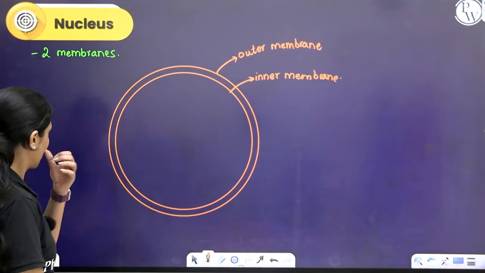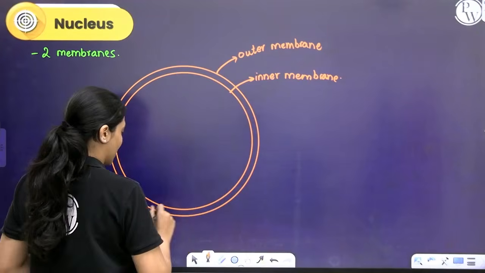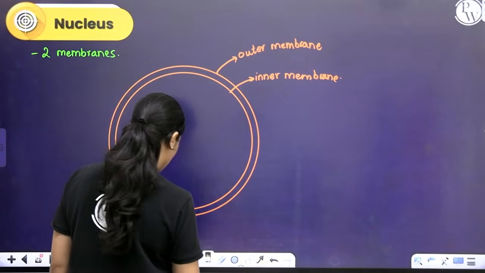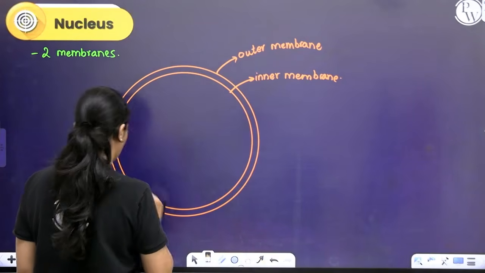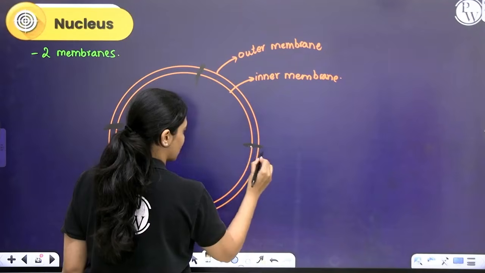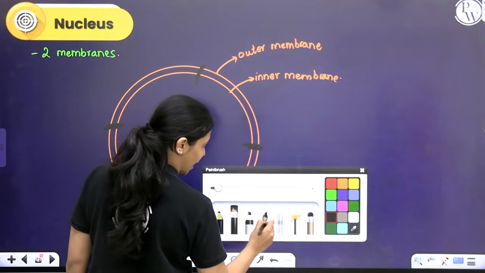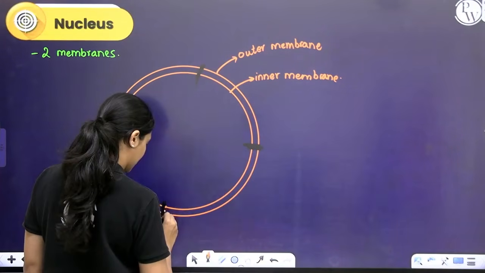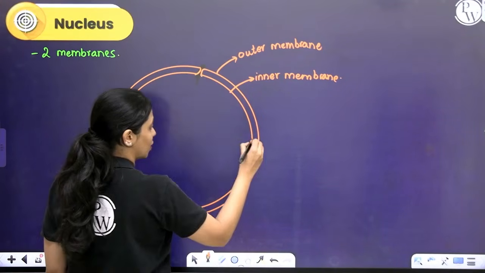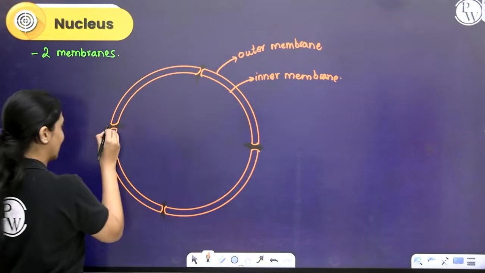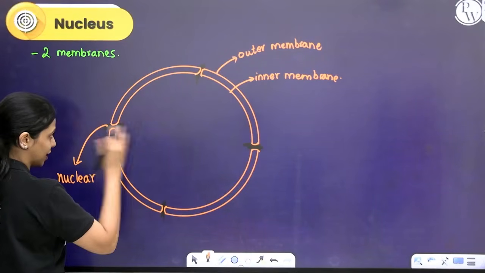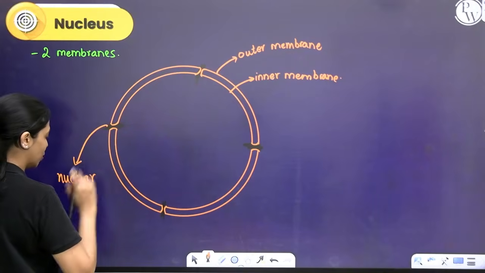These outer and inner membrane may fold upon itself in some regions, and they form pores that are called nuclear pore. Through this nuclear pore, proteins and RNA can be transported into and out of the nucleus.